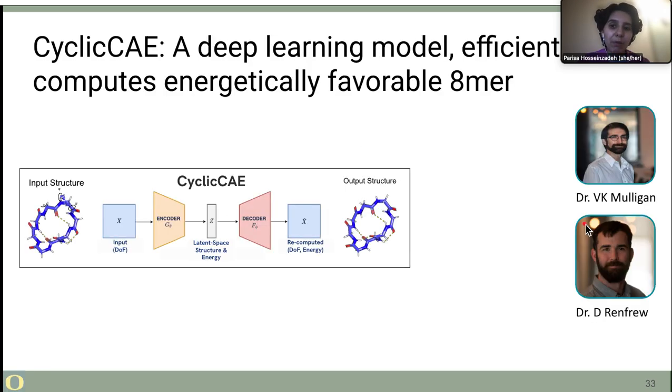After that, with the help of Dr. Mulligan and Dr. Renfrew, we developed CyclicK, which is an encoder-decoder. In essence, CyclicK takes all the possible phi, psi, distance, angle, and dihedral values to generate a degrees of freedom latent space, and then from this latent space it can go back to the almost exact peptide using the decoder.